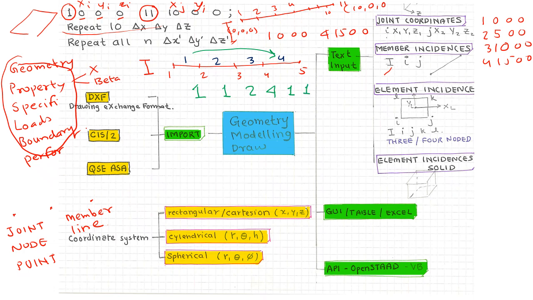So this is joint jump, member jump, last member, start node, end node. By putting a single line, we can create multiple members. And if you write repeat, it will create in another direction. And one more repeat all, it will create a 3D. So this was about line element, line member.